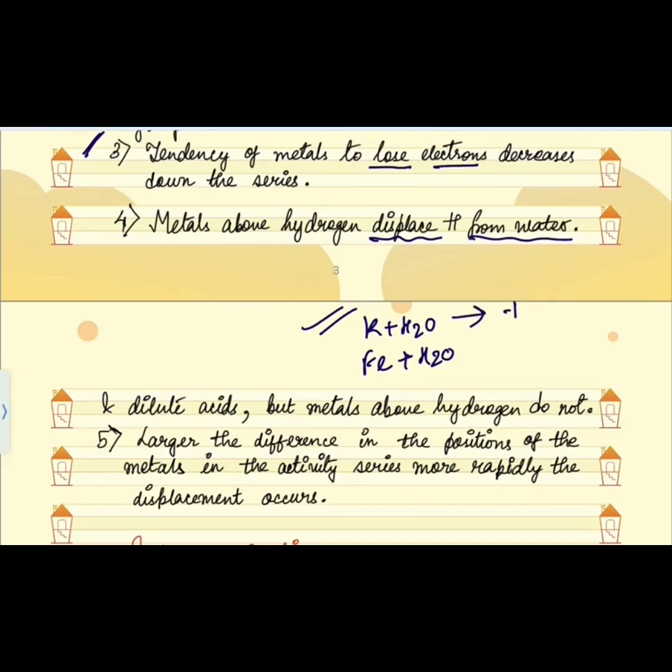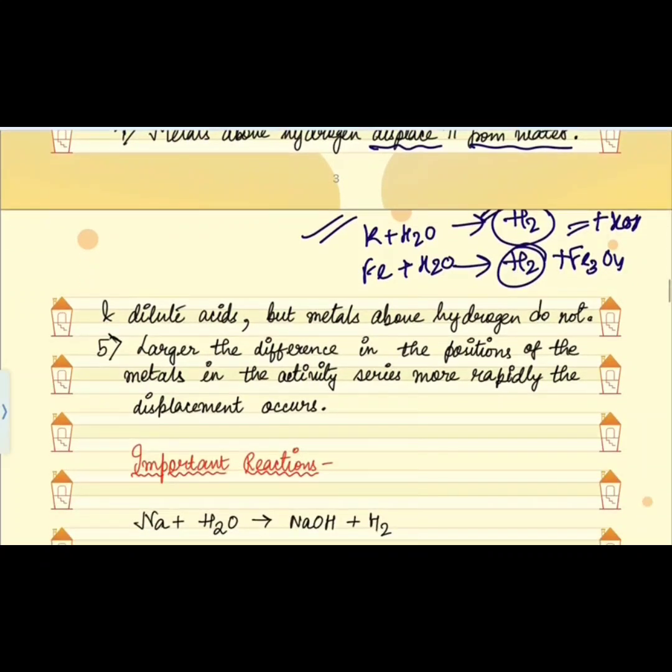This reaction is more vigorous, meaning formation of hydrogen in this case will take less time and will form rapidly compared to this hydrogen production. Here also we will get oxide Fe3O4, here we will get hydroxide, but hydrogen formation in this case will be quite fast. Because it is present above in the series, its power to displace hydrogen will be faster.